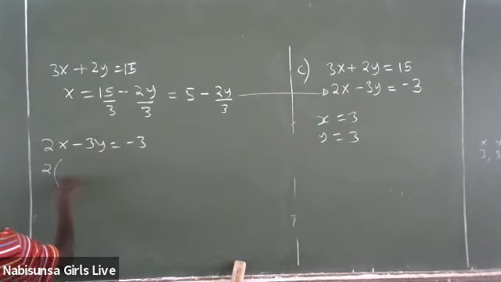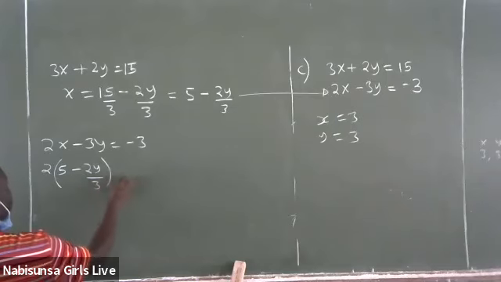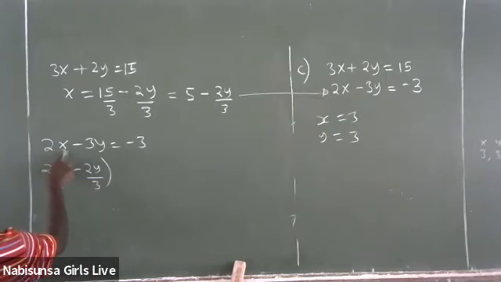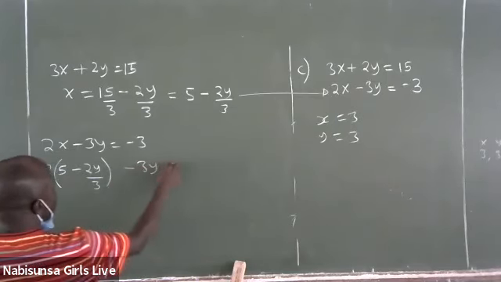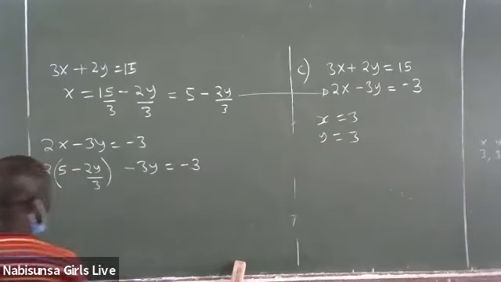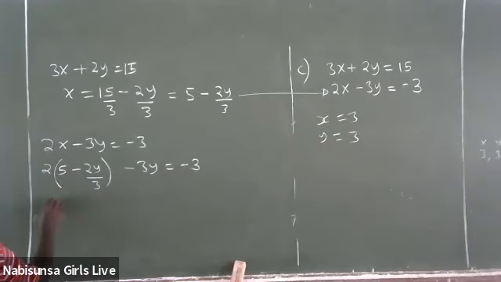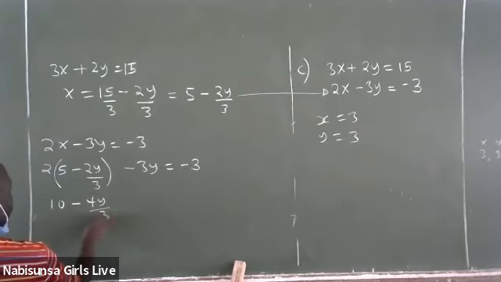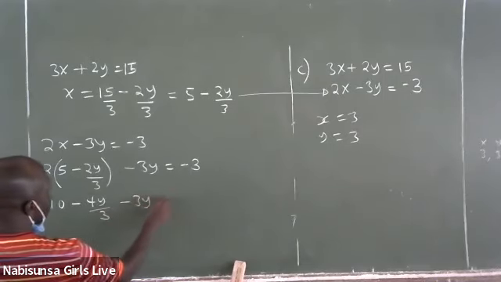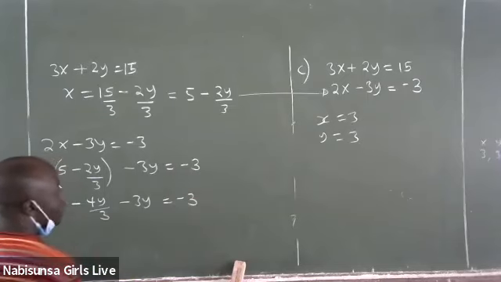So 2, but your x is now 5 minus 2y over 3. That is your 2x minus 3y is equal to minus 3. So on expanding, Mariam should have got 10 minus 4y over 3 minus 3y is equal to minus 3.